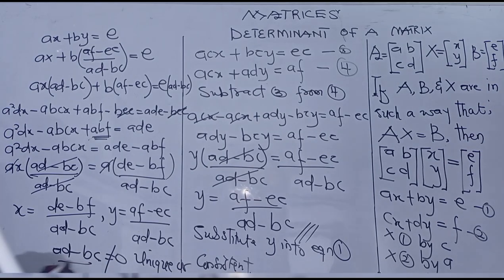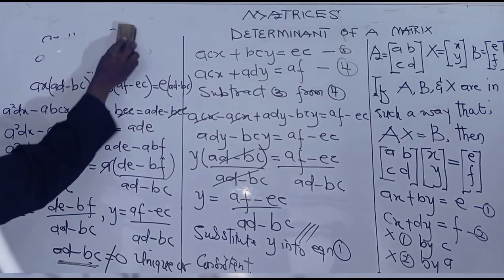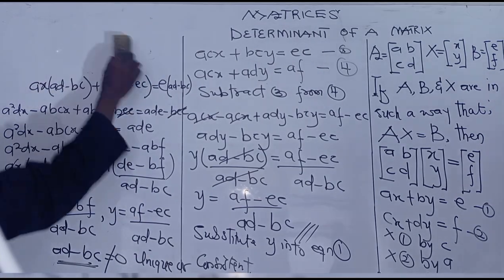So we say that the expression AD minus BC determines the existence or pattern of the solution. The value of this is called the determinant of the coefficient matrix.